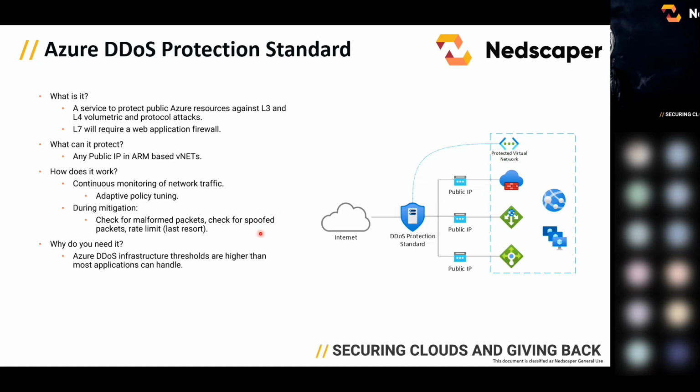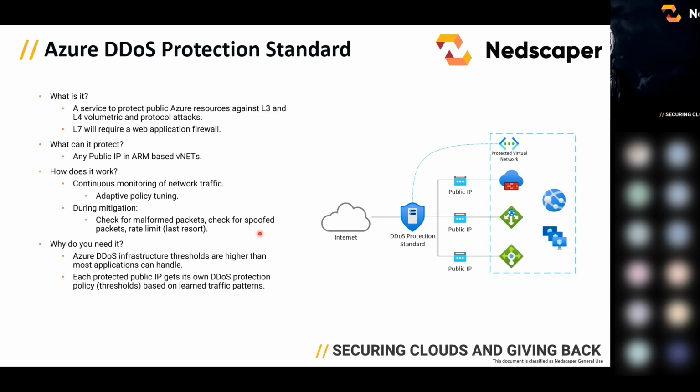So you can't really rely on the DDoS protection plan that is already always enabled for every customer because it's not scoped for your resources. Those thresholds are just too high to protect you.